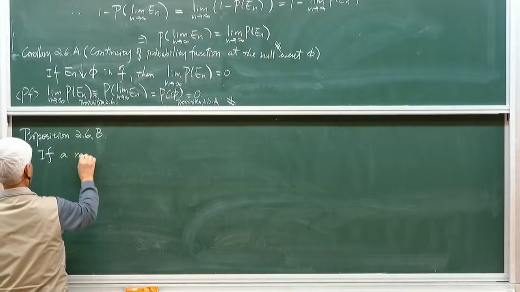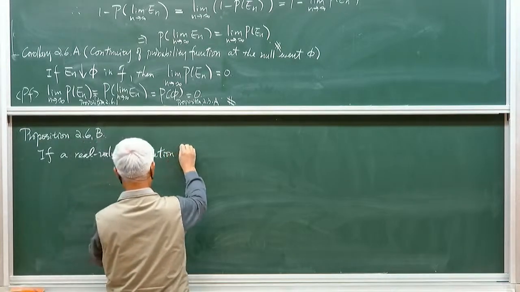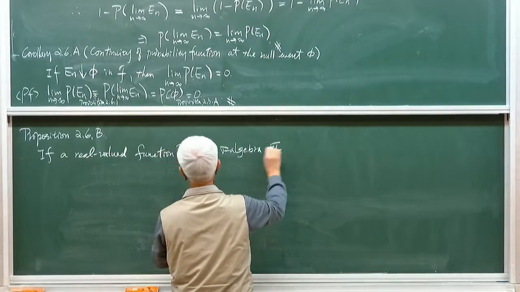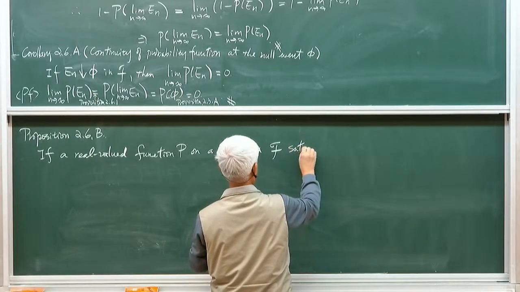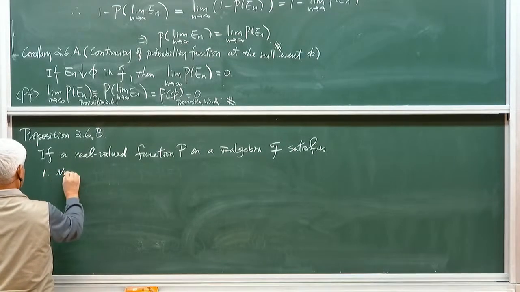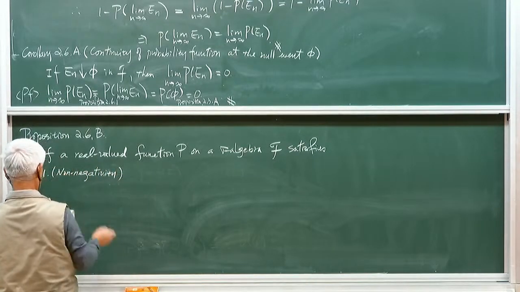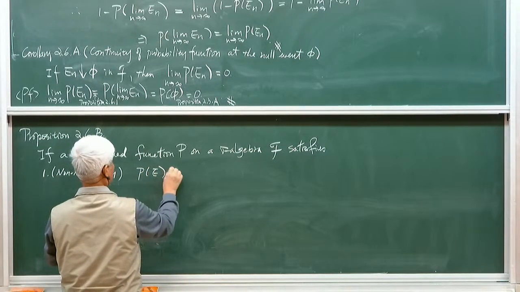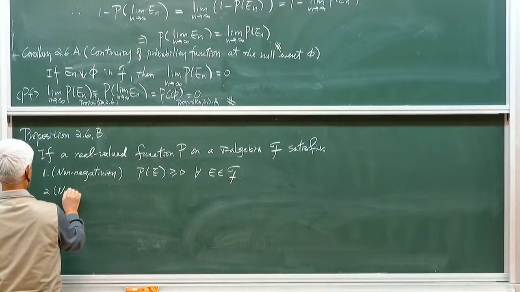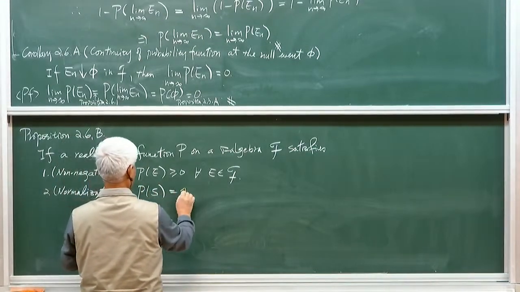If a real valued function P on a sigma algebra F satisfies: one, non-negativity, P of E greater than or equal to 0 for all E in F. Second, normalization, P of the sample space is equal to 1.